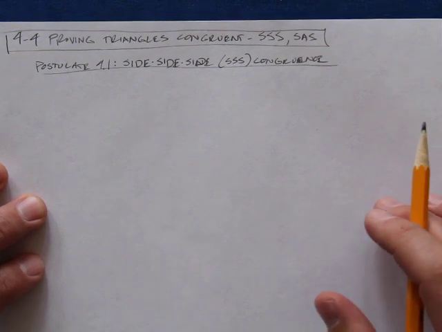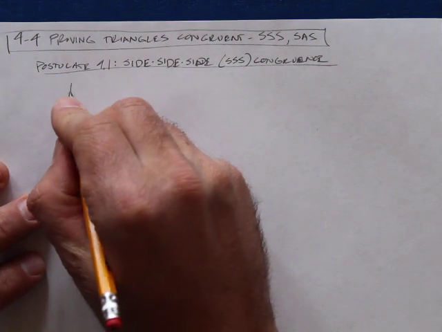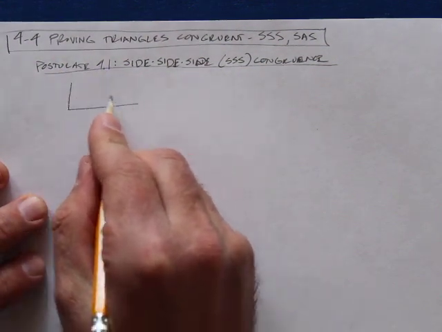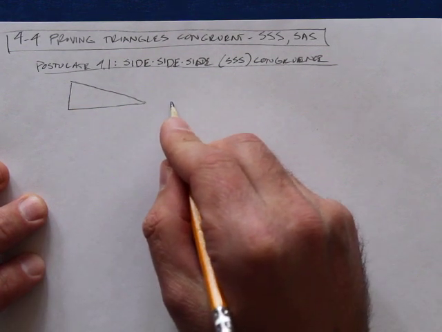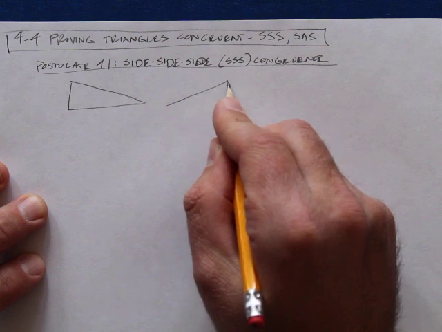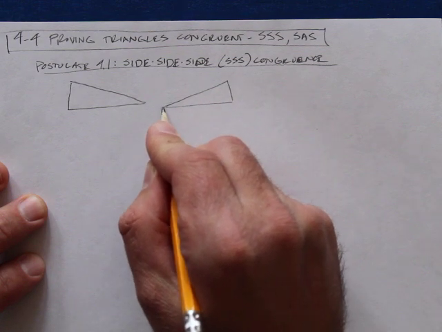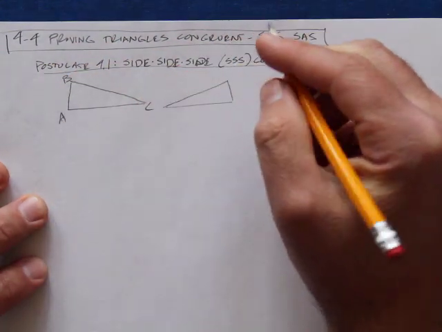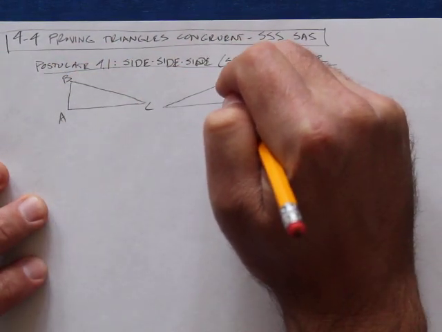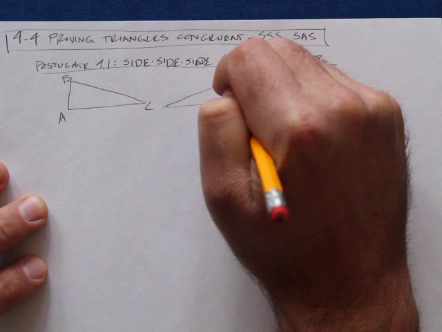Now what this postulate says is that if I have two triangles, let's just draw two triangles. This is triangle ABC, and this is triangle DEF.